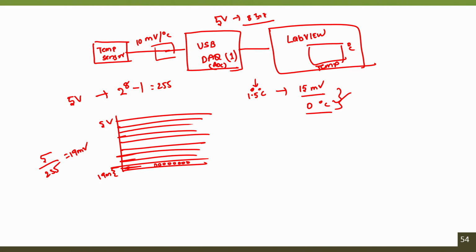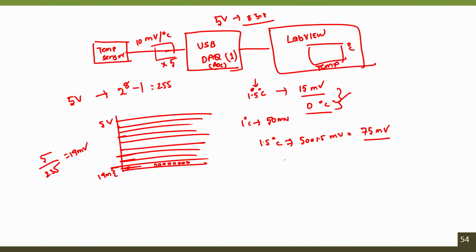Imagine in the same situation I have a gain of 5. Then 1 degree centigrade will be represented with 50 millivolt, and 1.5 degree is 50 into 1.5, which is 75 millivolt.